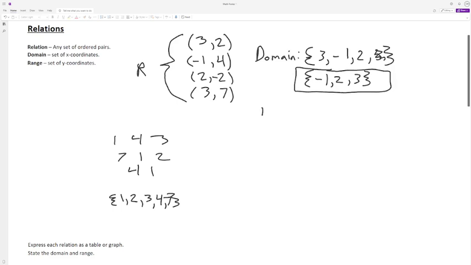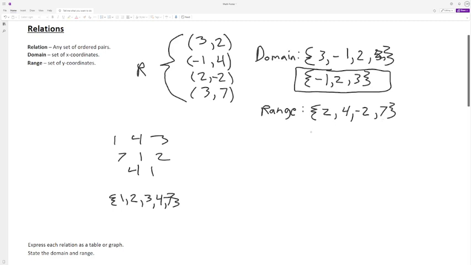The range consists of the y values. So we want to take a look at these values, the 2, 4, -2, and 7. So let's go ahead and list those out. We would say 2, 4, -2, and 7.